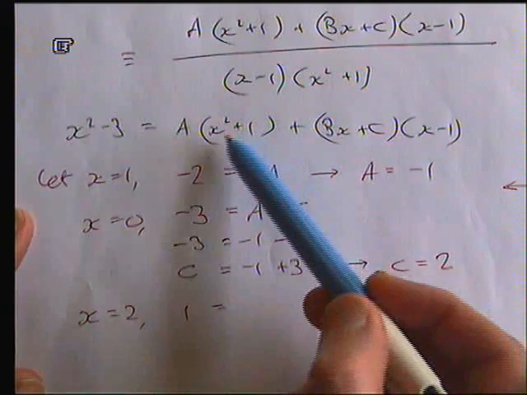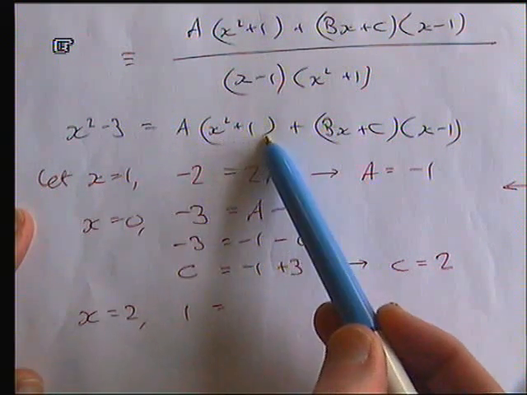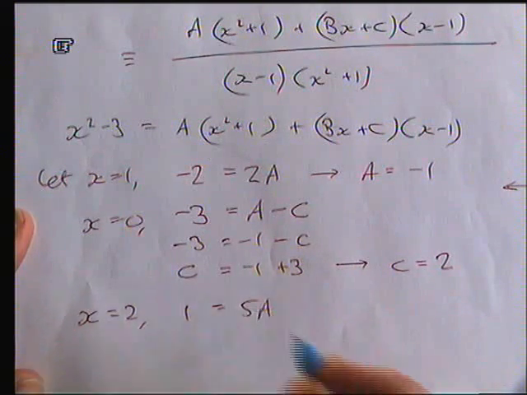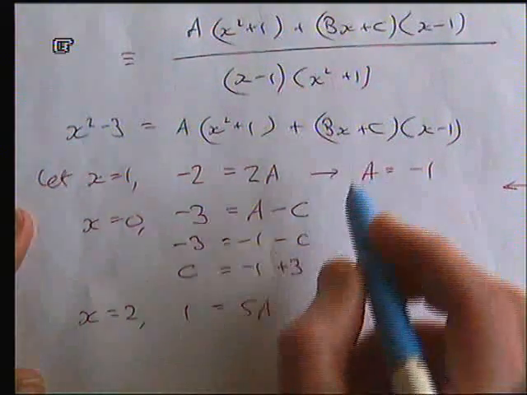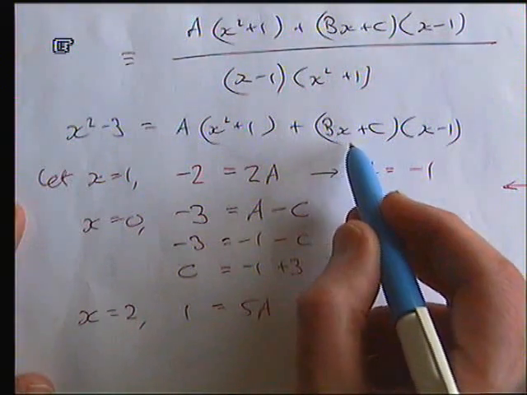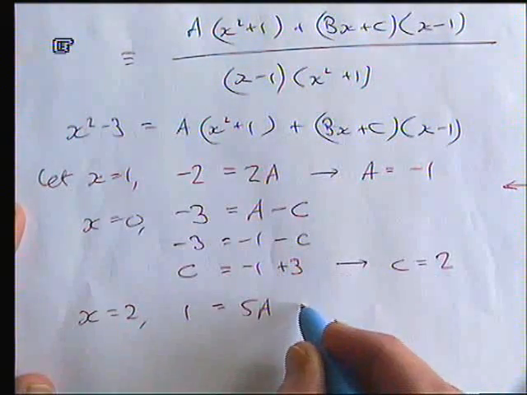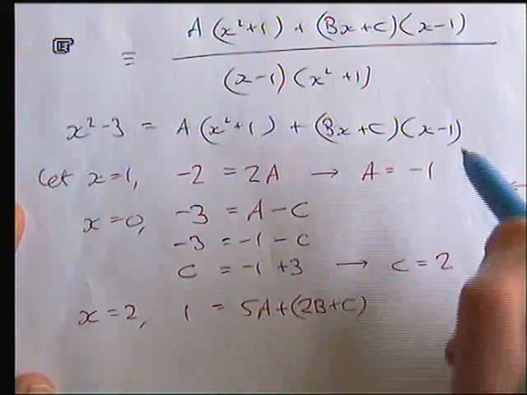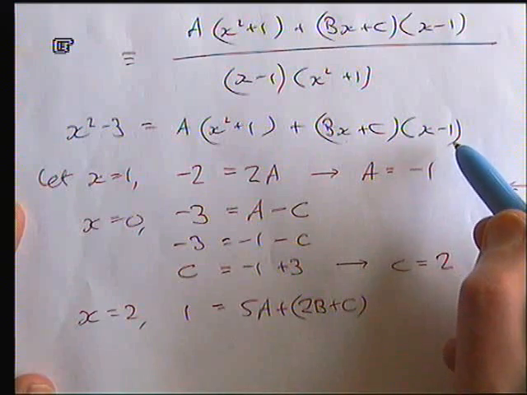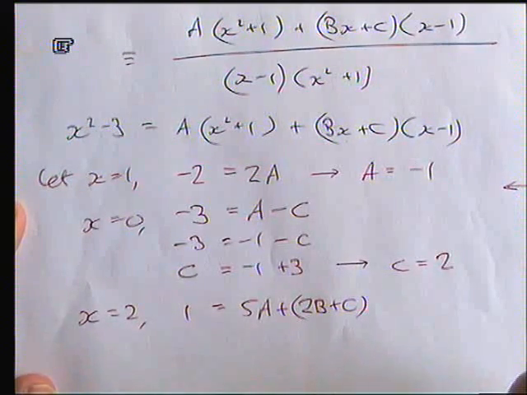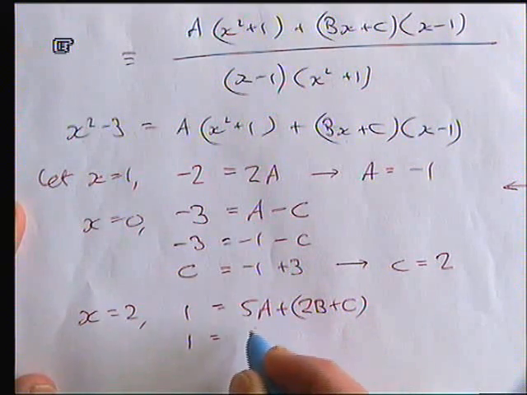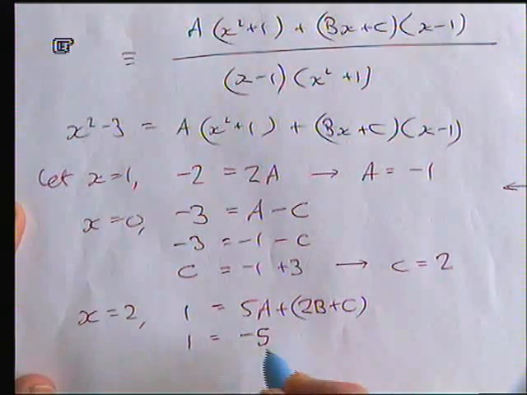And on the right, when x is 2, that bracket, Sean, is worth... yeah, 5a, okay. When x is 2, over here, this bracket is going to be 2b plus c. And when x is 2, that bracket's just going to be 1. So I won't bother writing that down because that's just multiplying. But I know that a is minus 1.